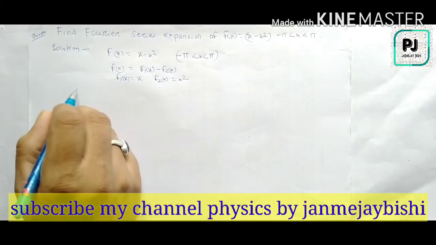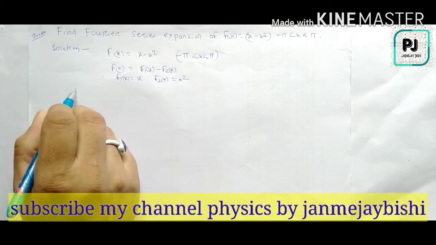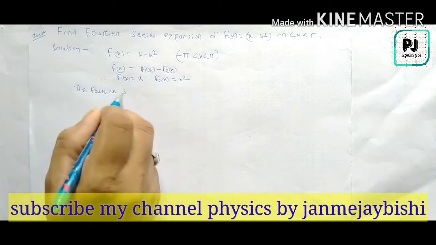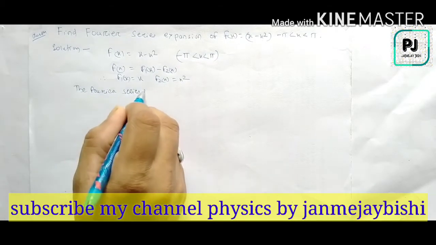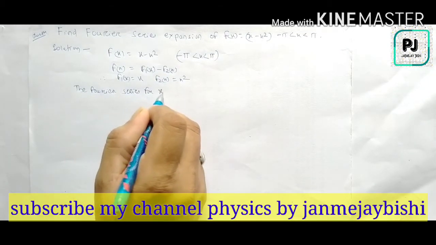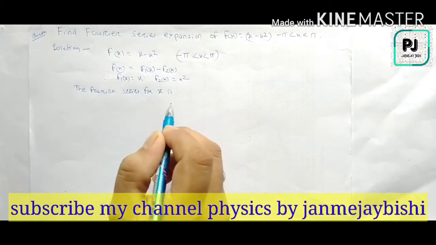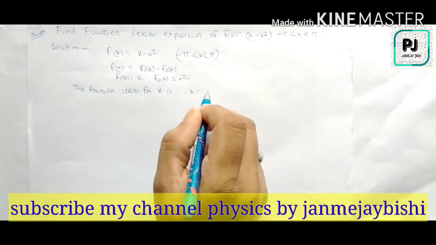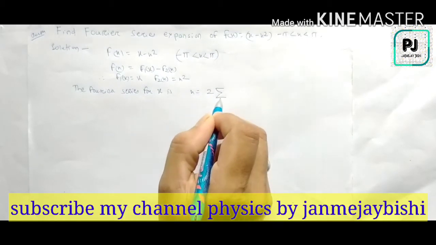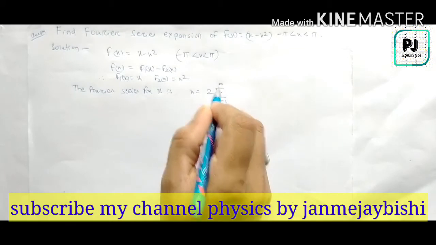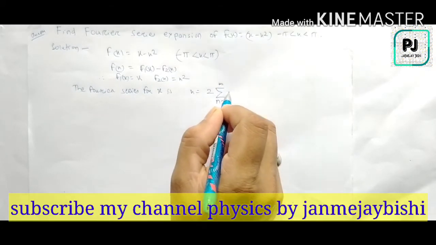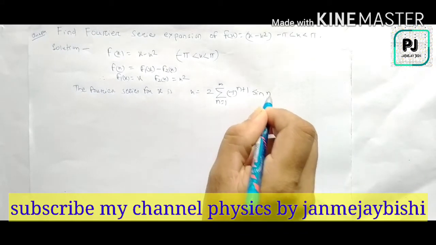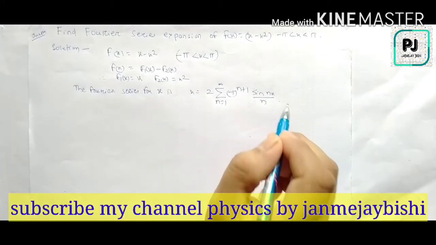So the Fourier series for x, we have the formula: x is equal to 2 summation n equals 1 to infinity of (-1)^(n+1) sin nx divided by n.